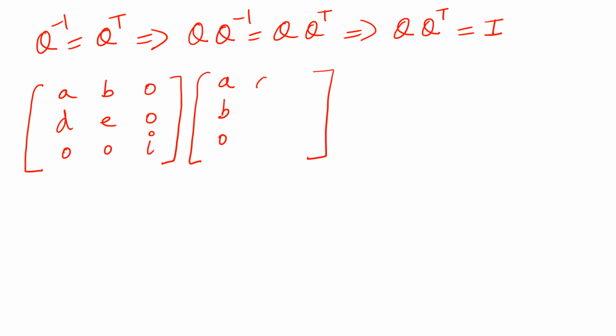In the second column, it is D, E, 0 and then 0, 0, I in the third column. And we have to put the product of these two matrices equal to the identity matrix.